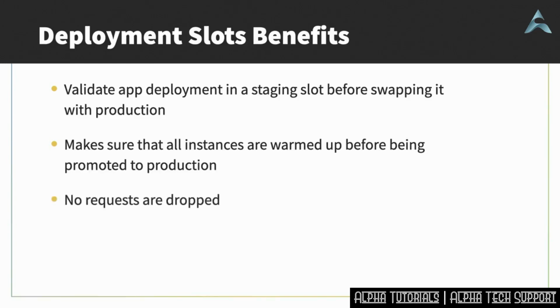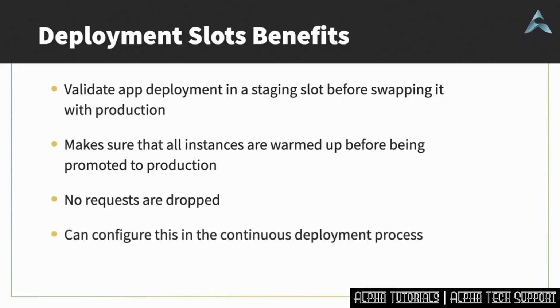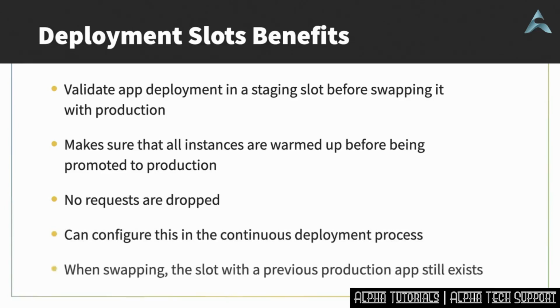It's not rare for an application to go to production, and then the first users hit by the new deployment wait ages for it to load because it's not pre-warmed. That's another big benefit. And of course, it's very easy to configure, and you can put this in your continuous deployment process. All of those are great benefits of using deployment slots.